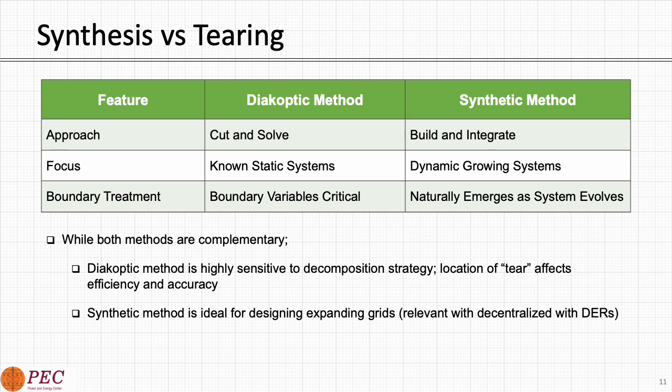In terms of focus, the diacoptic method focuses on known static systems, which is ideal for today's grid, whereas the synthetic method focuses on dynamically growing systems, which is ideal for designing expanded grids, which is relevant with the decentralization brought about by DERs. In terms of boundary treatment, diacoptic methods view boundary variables as critical, whereas the synthetic method views the boundaries as naturally emerging as the system evolves and grows.